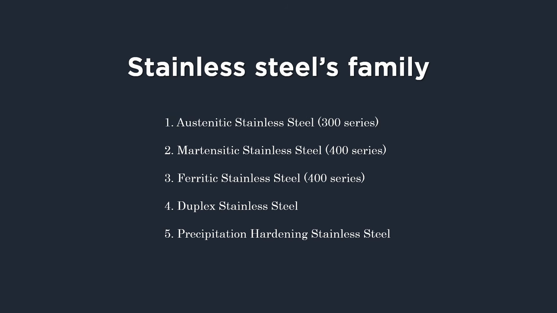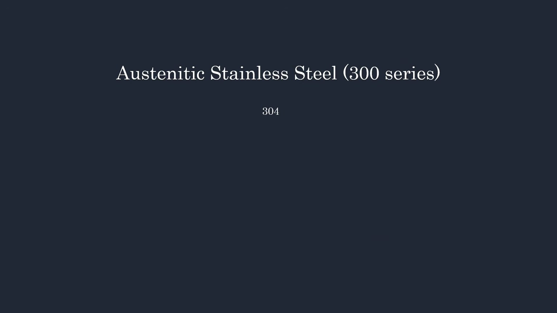And now let's understand the different grades of austenitic stainless steel. In the 300 series we have many grades, but the most popular are 304, 316, 321, 310, and also 304L and 316L. From these, 304 and 316 are the most common in industry.